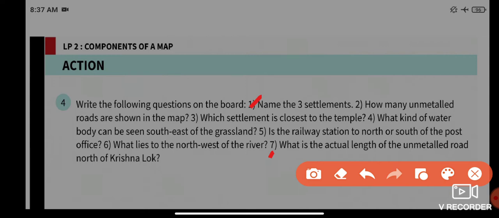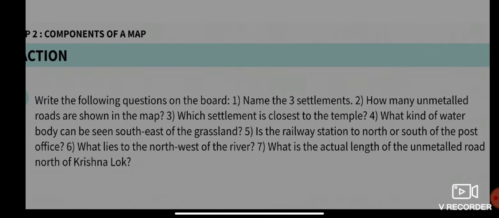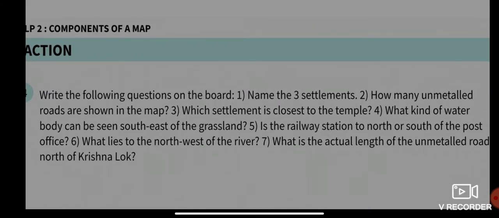What kind of water body can be seen southeast of the grassland? 5. Is the railway station to the north or south of the post office? 6. What lies to the northwest of the river? 7. What is the actual length of the unmetalled road north of Krishna Lok? So there are 7 points given, 7 questions. So please copy down these given points into your notebook.